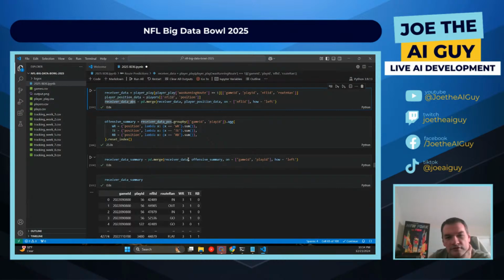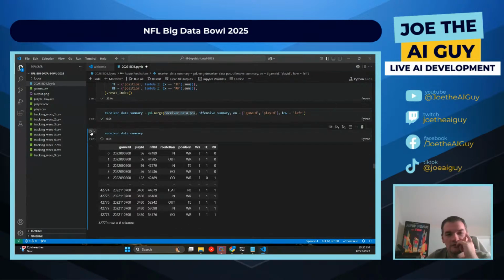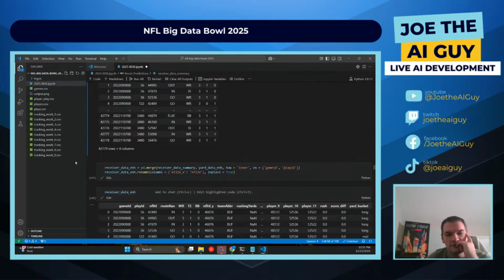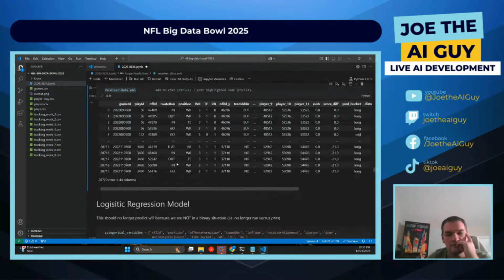Because we did not do this correctly. Okay. So that should be fine. This needs to run. Now we have the position. Now we have a position showing.